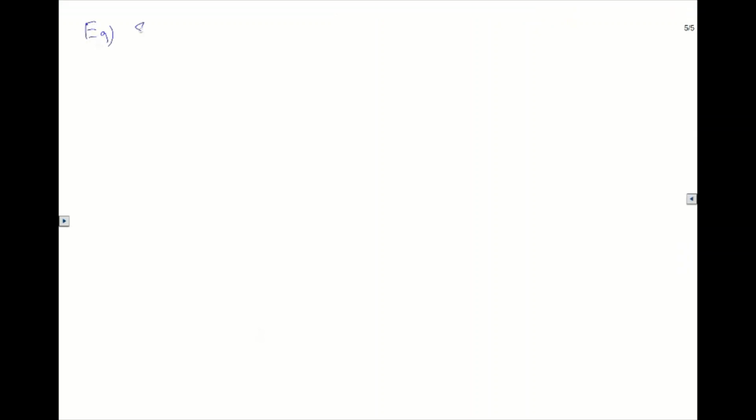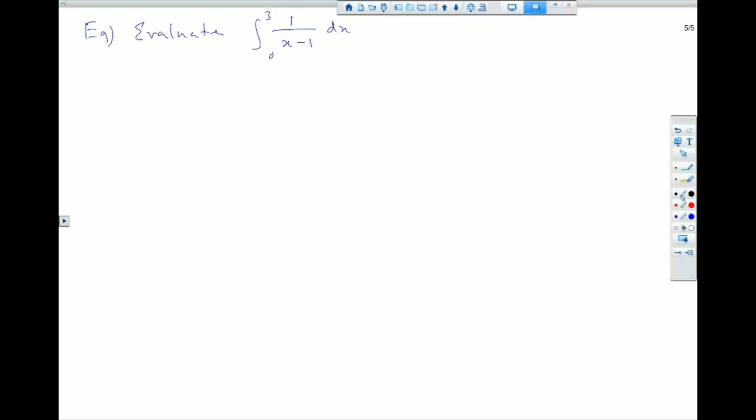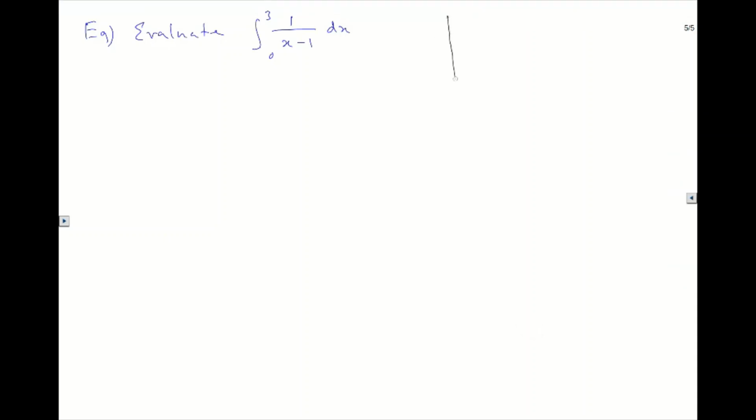Evaluate the integral from 0 to 3 of 1 over x minus 1 dx. If you look at the graph of this function, how does it look?